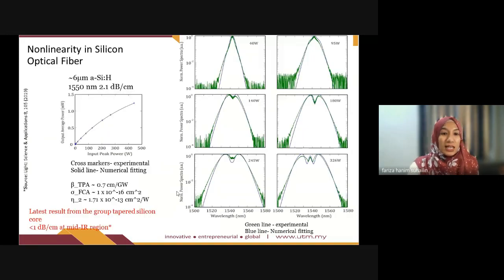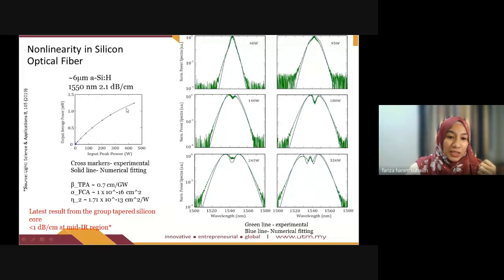So this is what we have observed in hydrogenated amorphous silicon core fiber. We can see the saturation when we inject high peak powers into the core and measure the output using the power meter.